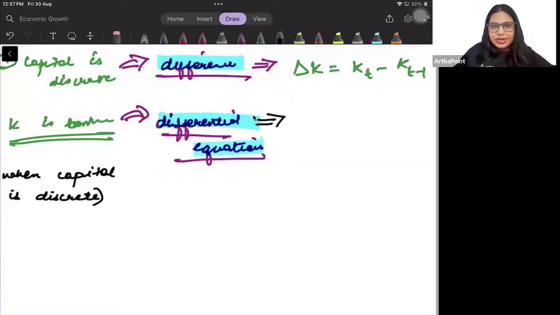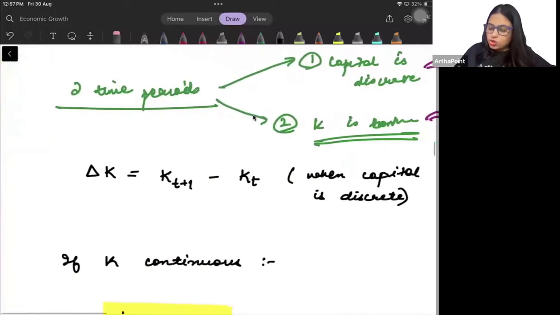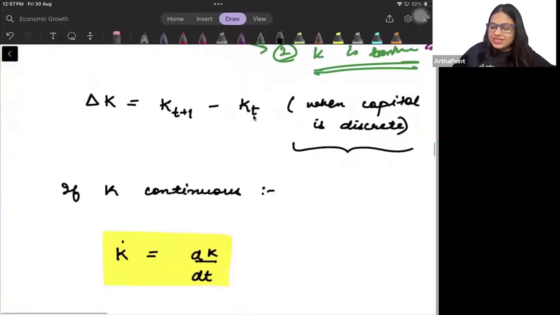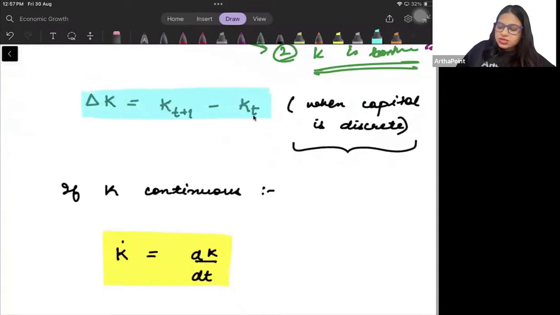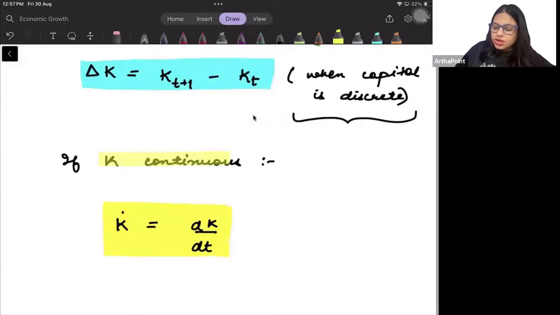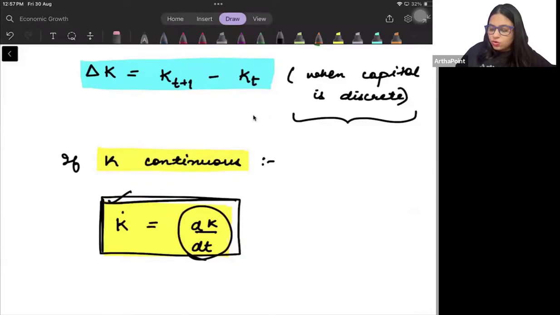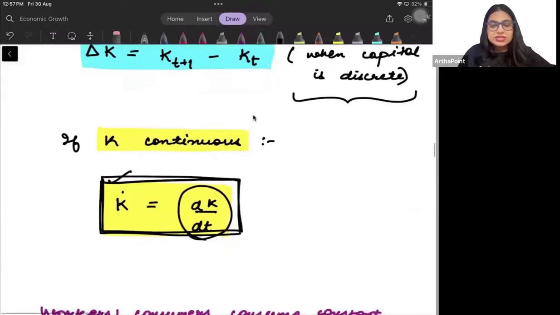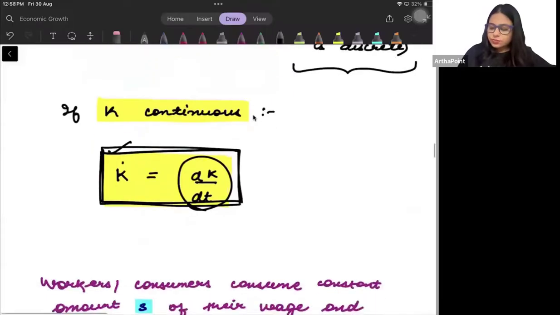So change in capital takes place over time, and we can write this as how capital changes as time changes. Right? So if capital is assumed to be discrete, then we can write change in capital as k t plus 1 minus k t. And if capital is assumed to be continuous, then we can write change in capital as how capital changes as time changes. But we are going to take it as a differentiation, right? Because it is a continuous variable.